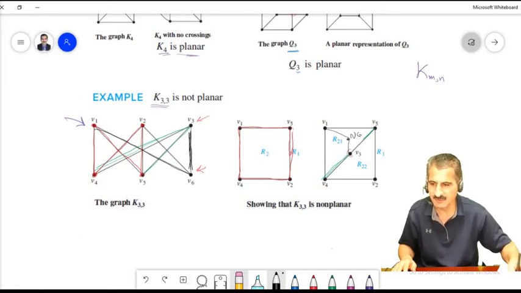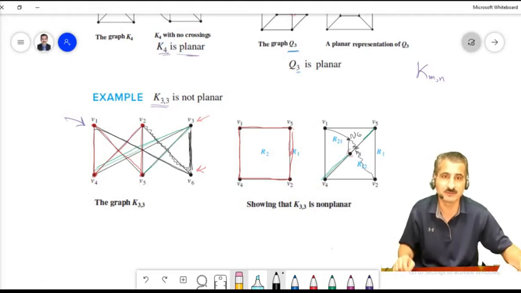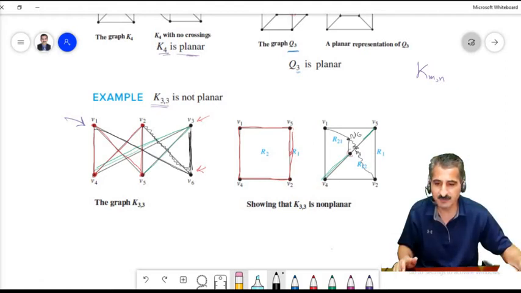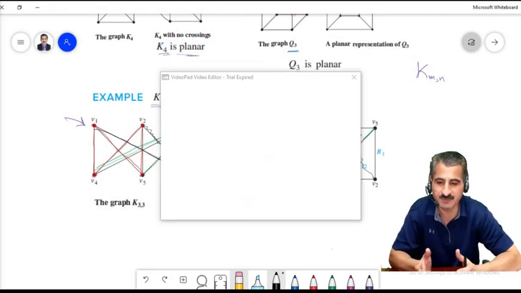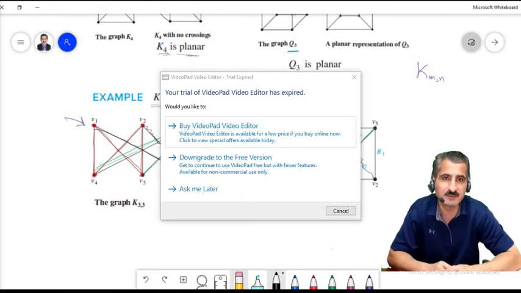And it is also connected to V2. So it has to go somewhere here, and this is a crossing, so we could not do it. So what else? We put V6 here maybe? We will have the same problem because we have to connect it to V1. So we have no choice. There is no place where we can plot V6.